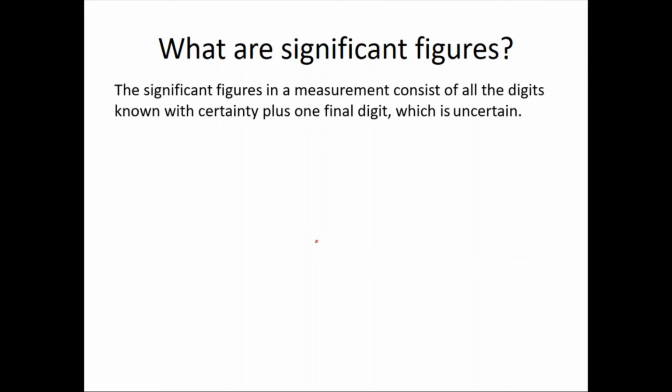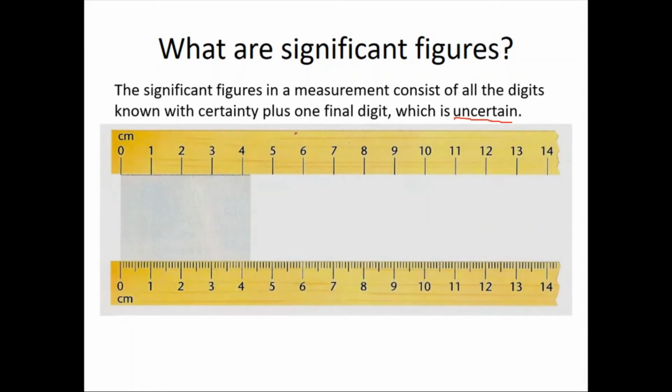The significant figures in a measurement consist of all the digits known with certainty plus one final digit, which is uncertain. I will expand this definition. Let's look at the examples. So here we have a rectangular area. Assume now we are going to measure the length of this rectangle.